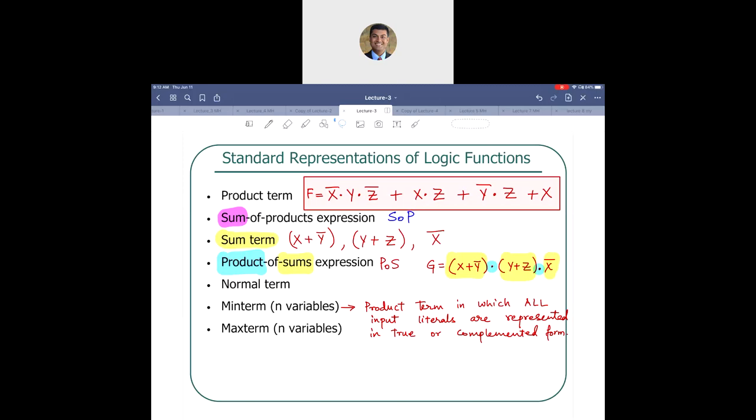And I will also have to tell you that f depends on 3 inputs, right? So I will say f is a function of x comma y comma z equals, followed by all that expression. So now can you tell me if there are any minterms in that expression? And if so, how many are there? How many minterms are there in that expression? You can write your answer in the chat box.